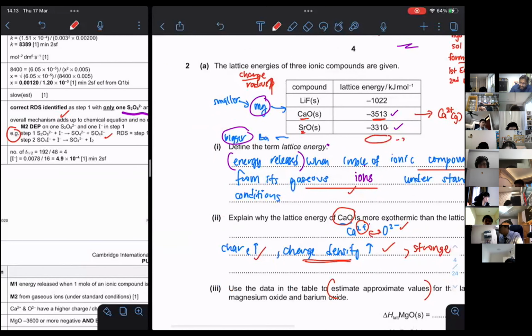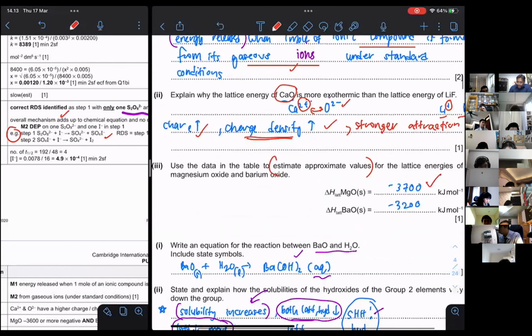Maybe -33, maybe -3300.9 is also correct, but I do not suggest that. I suggest you give maybe -3200 or -3300. I selected -3200. Please take note, it must be a negative lattice energy.